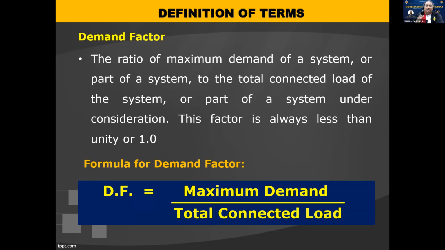Meaning to say, lahat ng connected loads natin is not realistic na sasabay silang aandar almost at the same time, no? So talagang hindi yan aabot na mag-operate yan lahat, no?